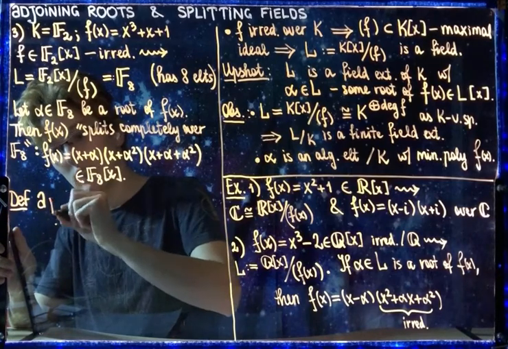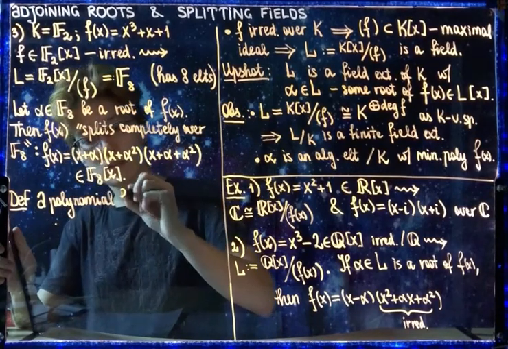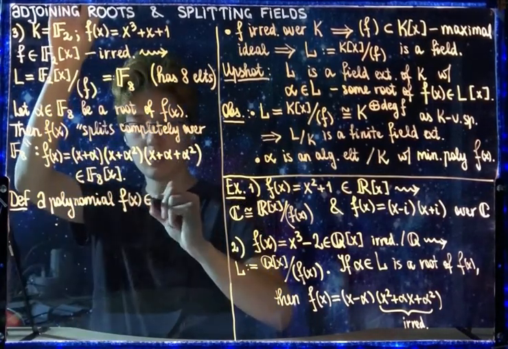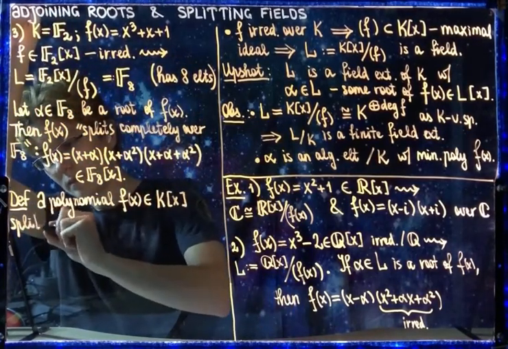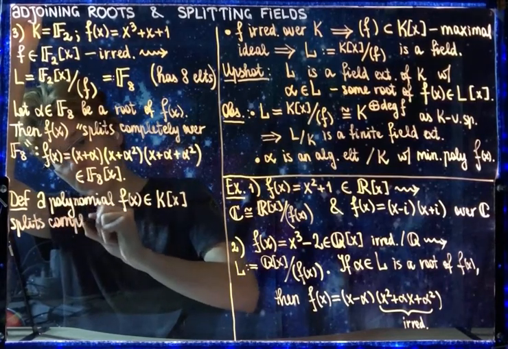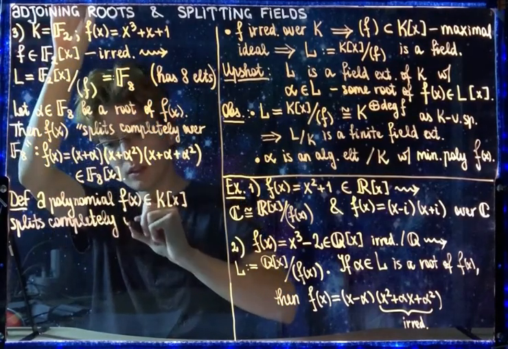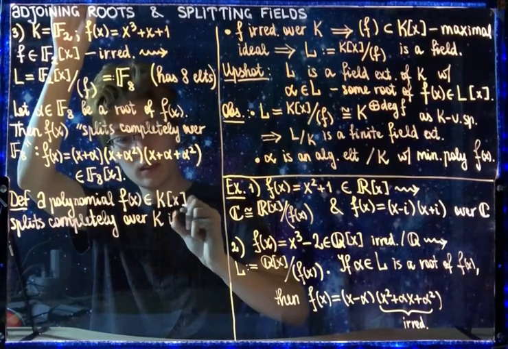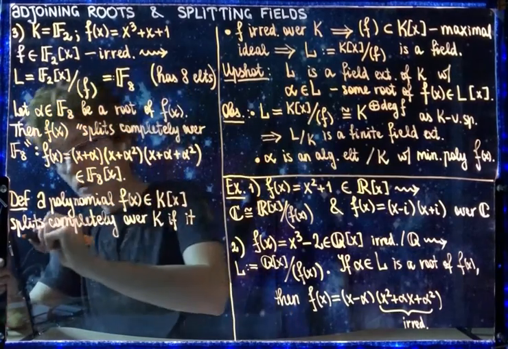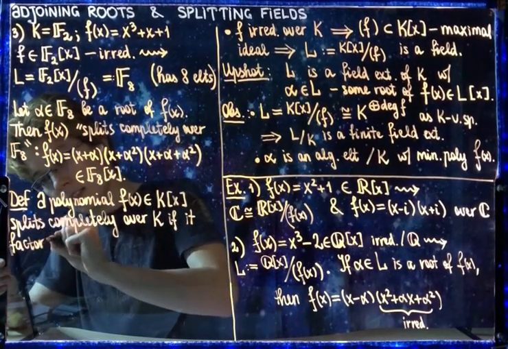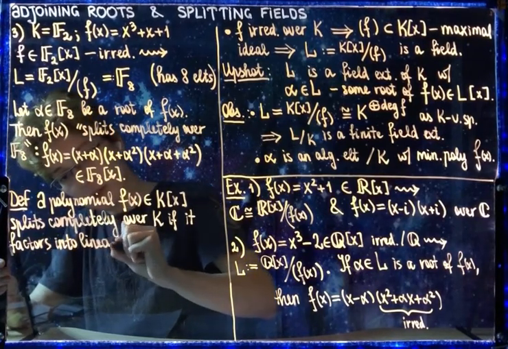I say that a polynomial f of x with coefficients in k splits completely over k if it factors into linear factors over k.